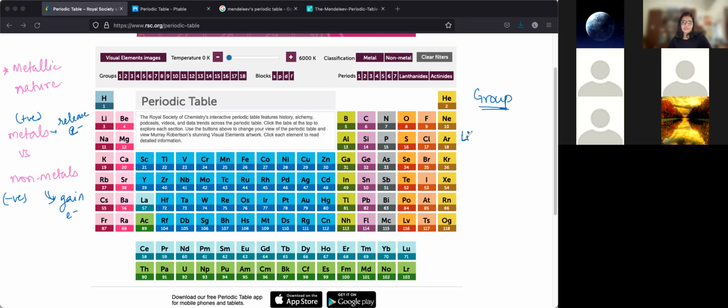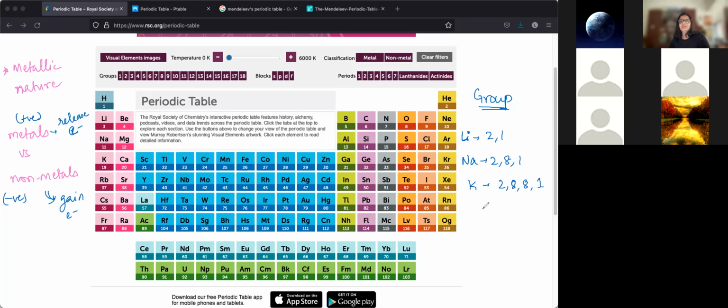What is the electronic configuration of lithium? 2,1. Sodium? 2,8,1. Very nice. Potassium? 2,8,8,1. Very good.